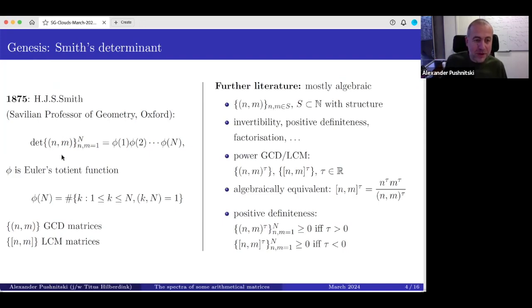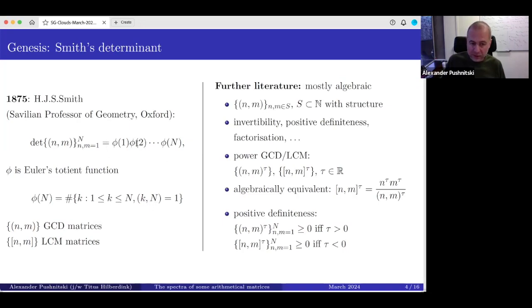You take an n by n matrix made of the greatest common divisor of n and m, and he computed this determinant. It turns out that there is a closed formula for it, a product, where phi is Euler's totient function, which is the number of integers up to n relatively prime with n.